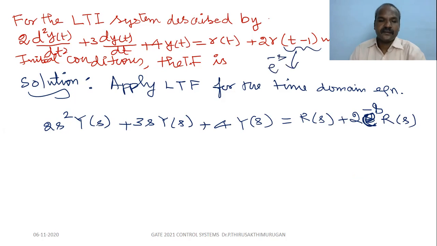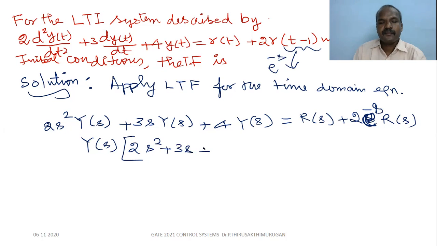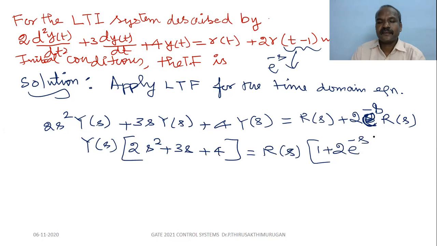Taking y of s as a common term, we get 2s square plus 3s plus 4, equal to, taking r of s common, 1 plus 2 e power minus s.